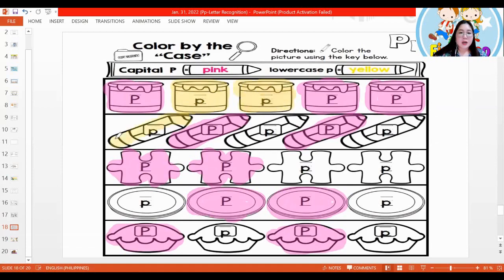Then let's color our pencils. And then we'll color our puzzle piece. And then our plates. And lastly, our pie.